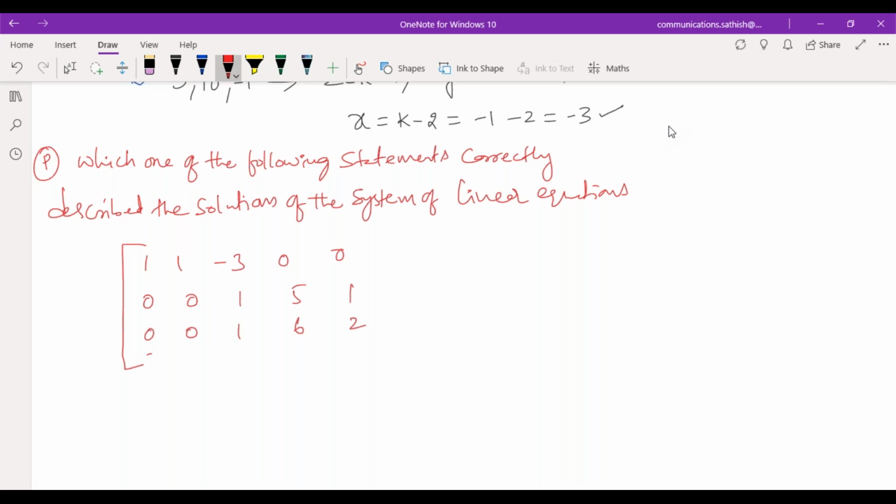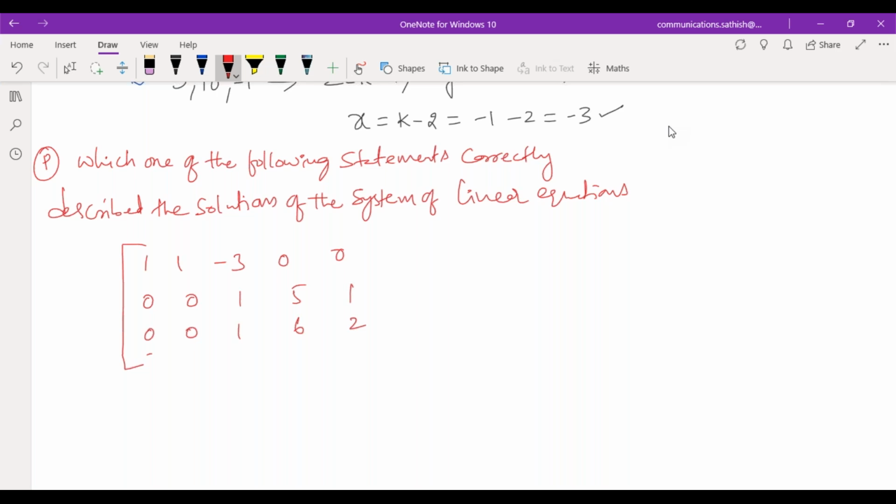Are you able to follow me all? Try to give me the answer for this question. They have just given the correct statement regarding this augmented matrix. So this is the augmented matrix.